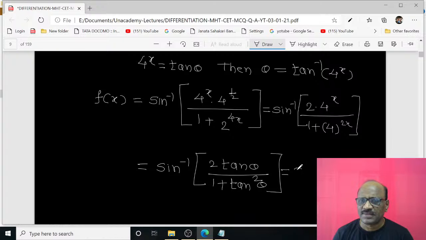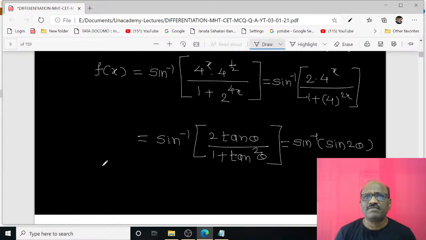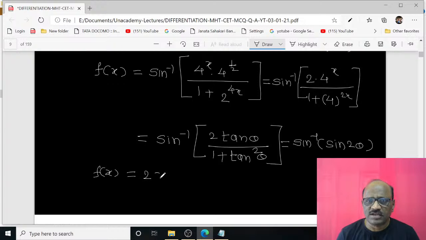Therefore I will write here sine inverse of sine of 2 times theta. Therefore we have f of x is equal to sine inverse of sine of 2 times theta, that is nothing but 2 theta.